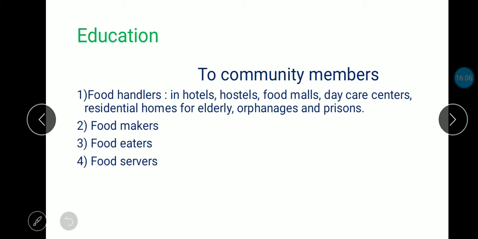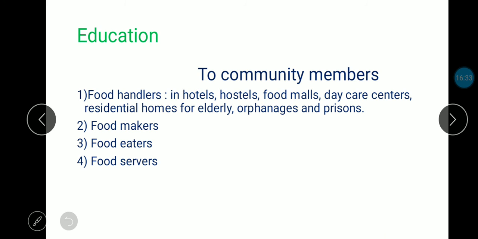They should be educated about typhoid endemic, typhoid disease, etc. The food eaters, means all the remaining people, should be well informed about the control measures of typhoid, cleanliness and hygienic conditions about typhoid.